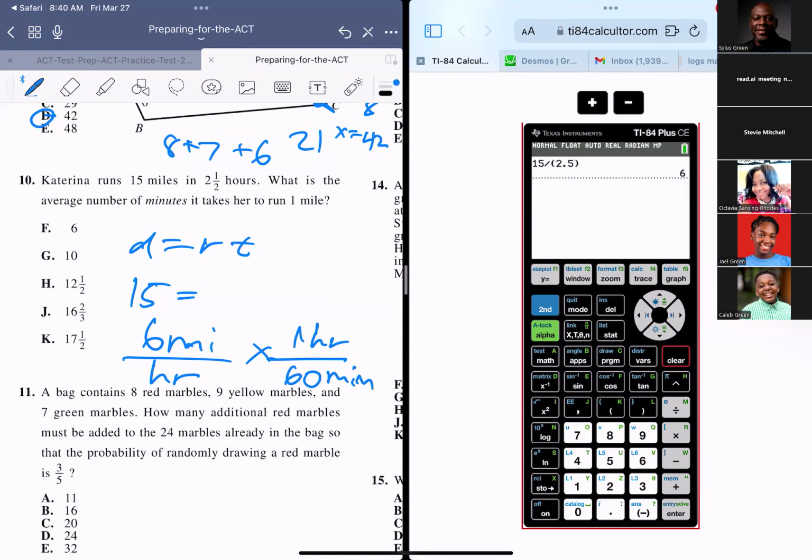I didn't see you convert 2.5 hours to minutes. That would be 150 minutes. Yeah, that is 150 minutes. I wrote it down earlier. You did it, I just didn't see it. It's fine.